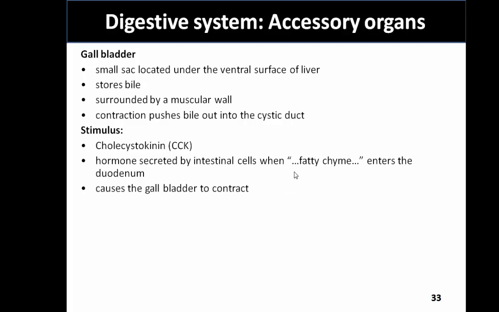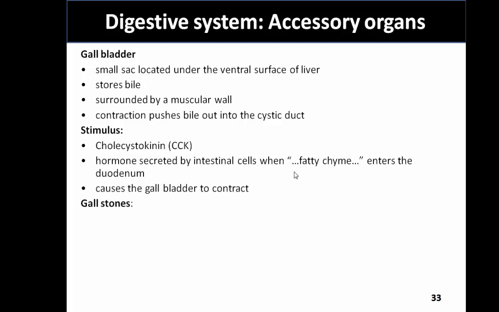So the signal to the gallbladder comes by way of what we eat. When we consume lipids, they are detected by the small intestinal cells, which then generate a signal to the gallbladder.